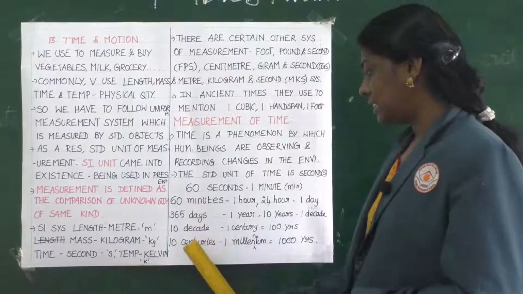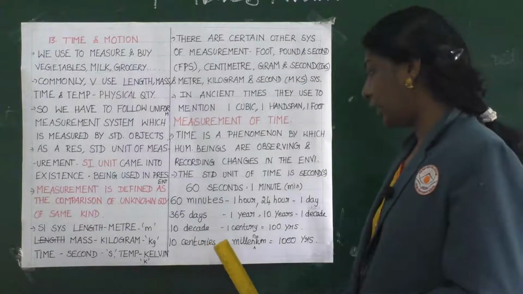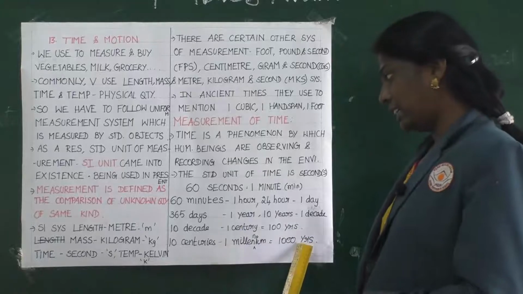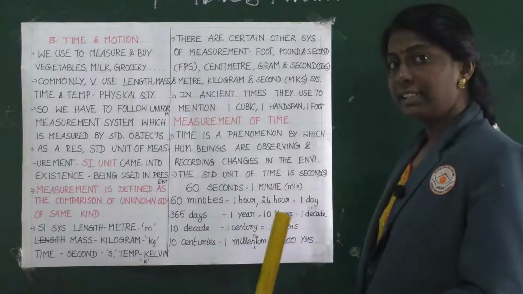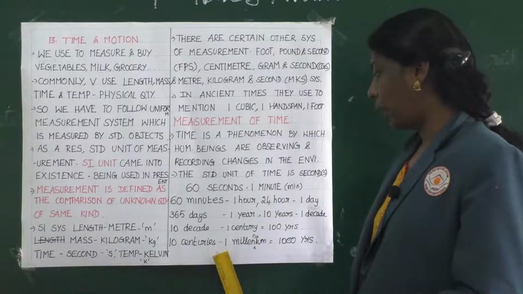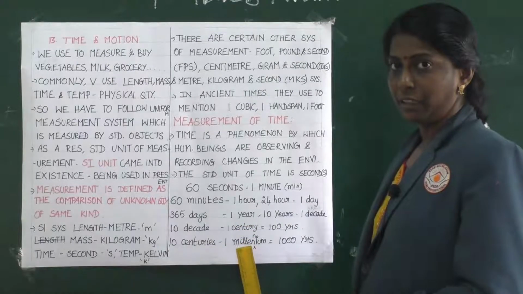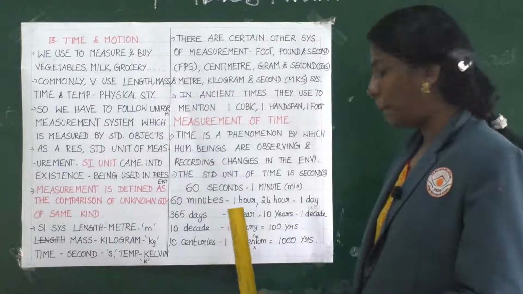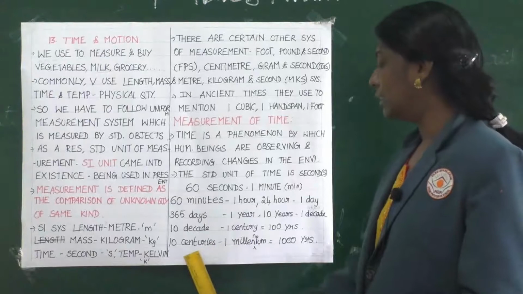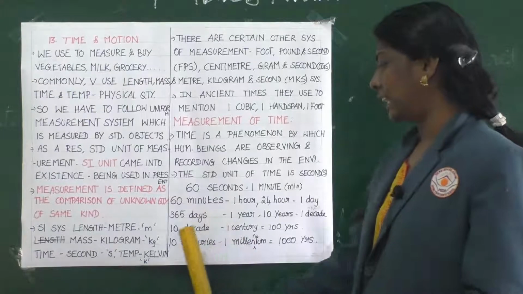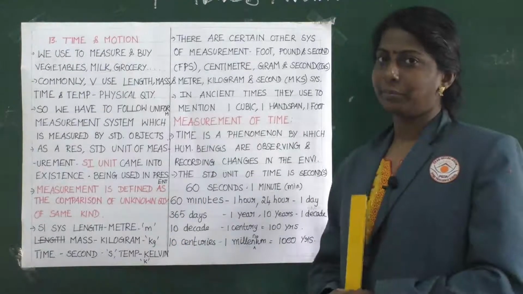And 10 centuries is equal to 1000 years, or else it is also said to be 1 millennium. What is that? 1 millennium. Clear? That is, 1 millennium is 10 centuries.